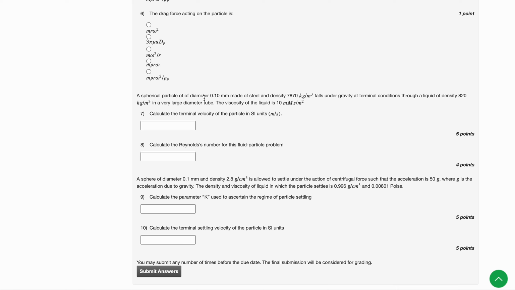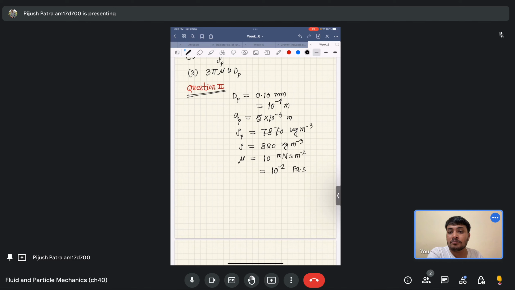Fine. So these are the data which is given to me, and then it's asking to calculate the terminal velocity of the particles in SI unit. I have now quoted the data given.